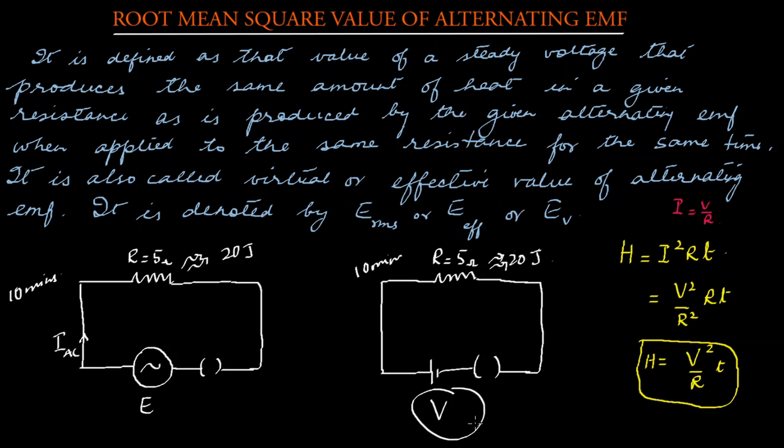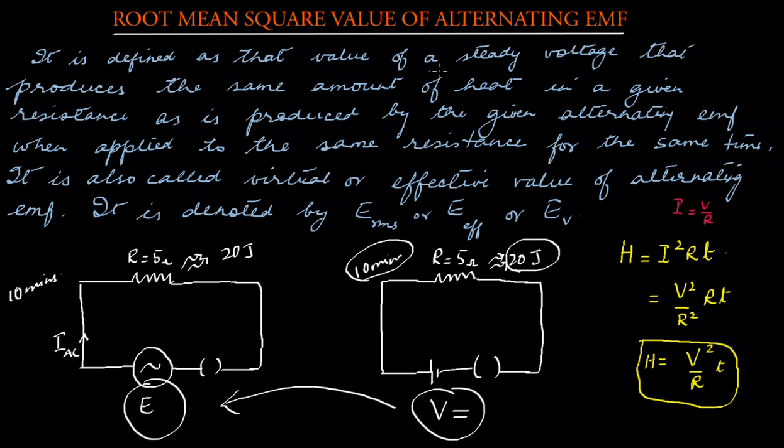What is the value of this steady voltage that we apply in the same circuit, through the same resistance, for the same time, that produces the same amount of heat as the alternating EMF? This is called the RMS value of the alternating EMF. Look at the definition once again.